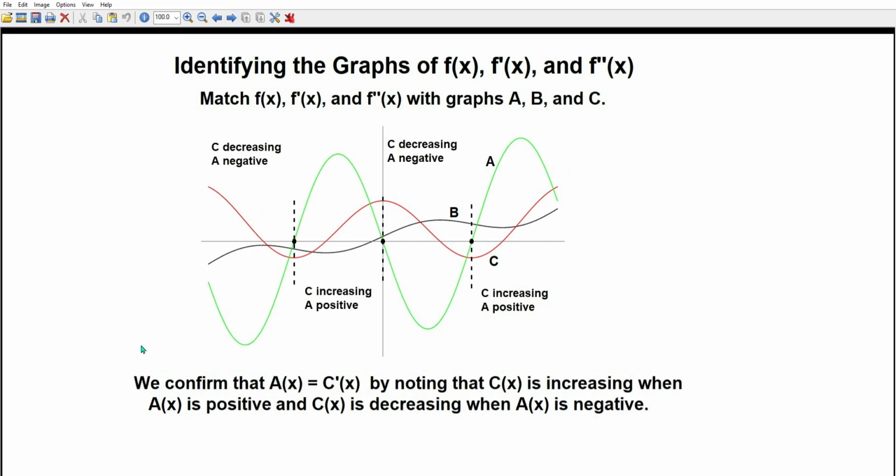We can confirm this by looking at the relationship between A and C. What we can see is that when C is increasing, A is positive. When C is decreasing, A is negative, and that's the relationship that we need between a function and its derivative.